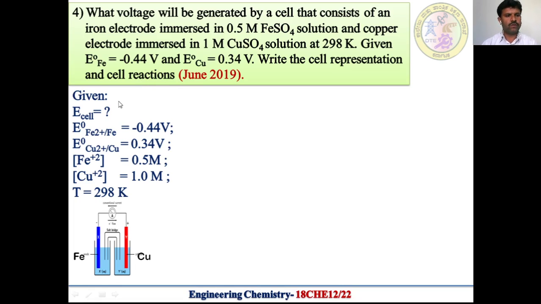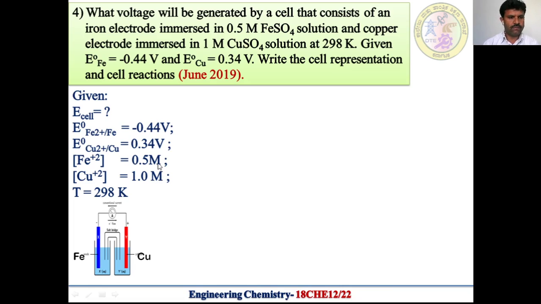The given values are: the standard electrode potential of iron is minus 0.44 volt, the standard electrode potential of copper is 0.34 volt, the concentration of Fe2 plus is 0.5 molar, the concentration of copper is 1 molar, and the temperature is 298 Kelvin.